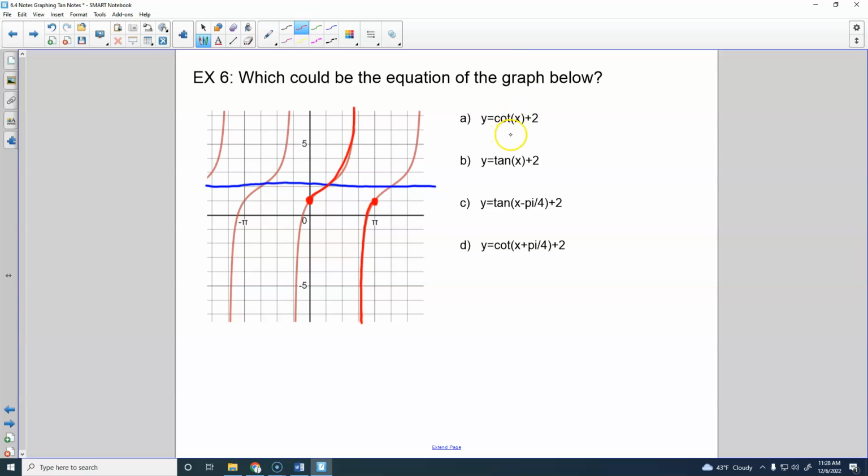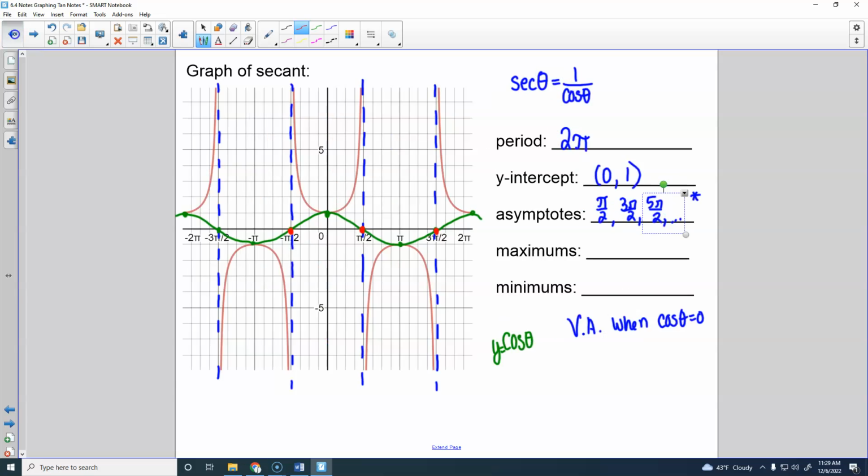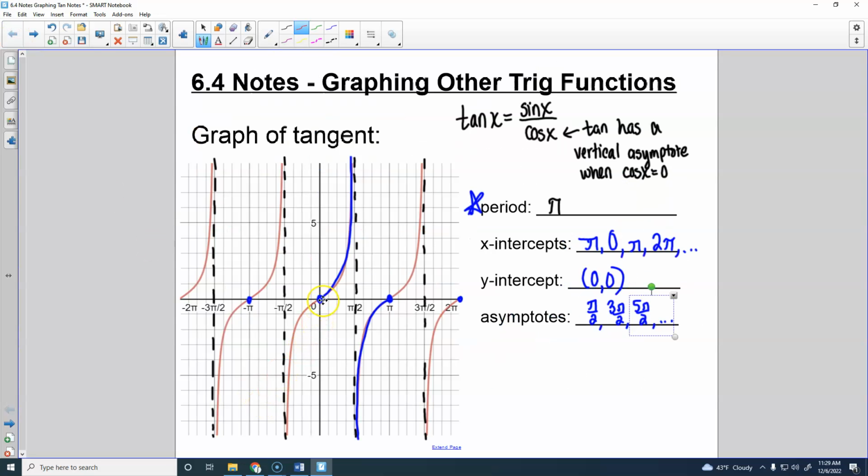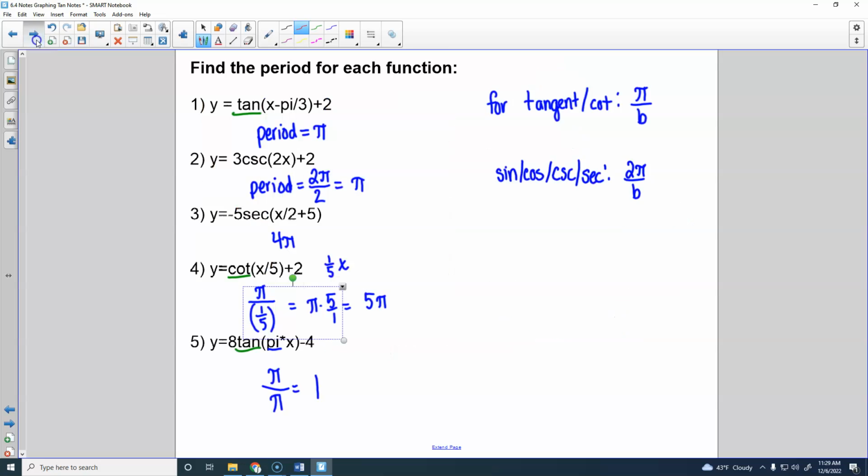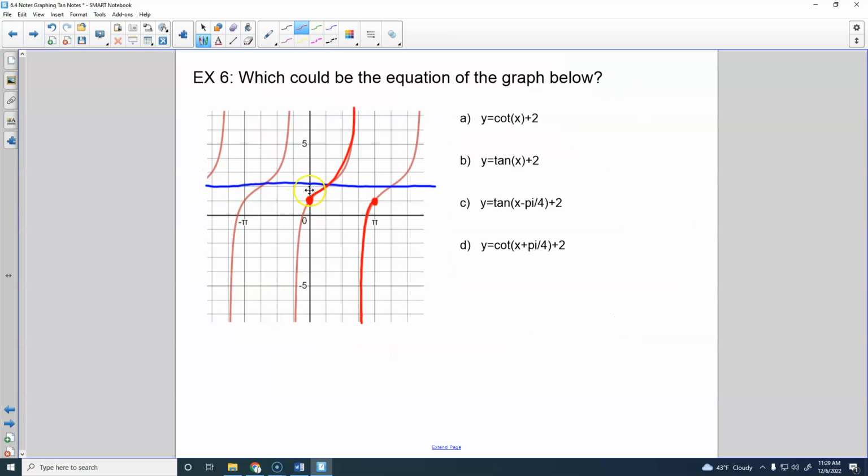Okay, so tangent is going to be, if we look back at that graph, tangent here intersects the midline right there at our y-intercept. Tangent normally would hit the midline right there, right?